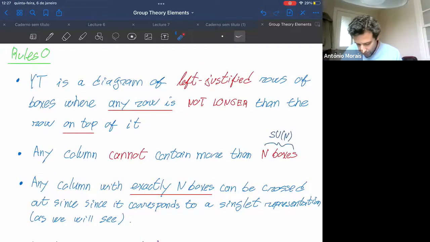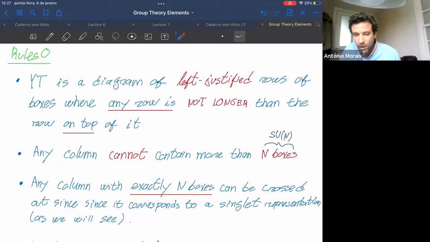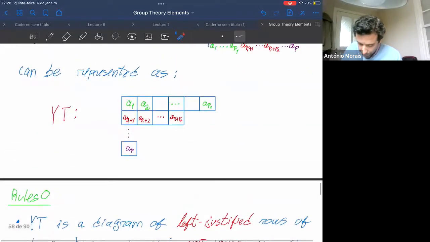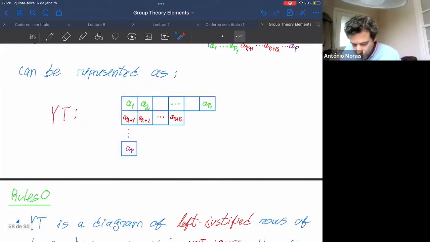So any column with exactly n boxes can be crossed out since it corresponds to a singlet representation, and this we will explicitly see, and this is something that we'll clearly understand. But for example, if you are talking about an SUP symmetry, this column here with P indices would be a singlet.